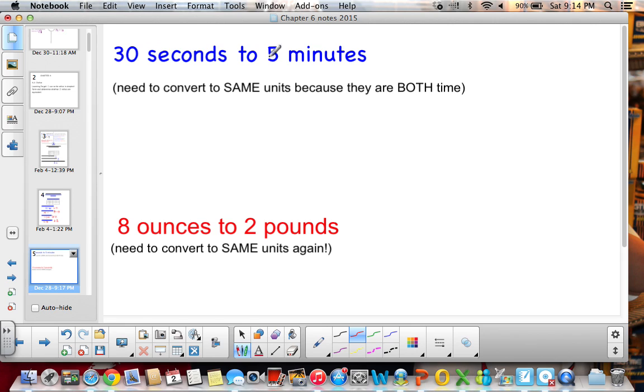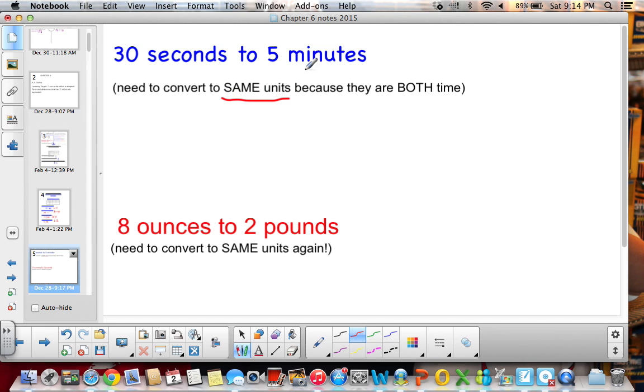Okay, if we have 30 seconds to 5 minutes, it would make sense that we would write it as 30 to 5. But they need to be in the same units. So that actually is not what we would do. First, we need to convert it to the same units.